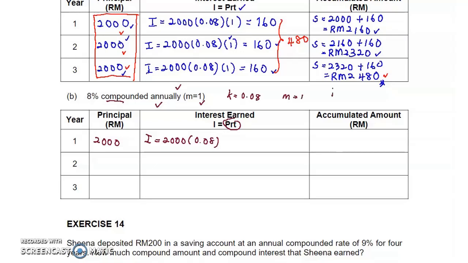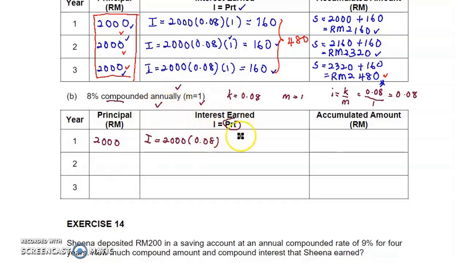Interest rate per interest period means for 1 year, I equals K over M. Compounded annually, M equals 1, so within 1 year, the rate is also 8%. That's why I put I equals PRT here, because it is compounded annually.